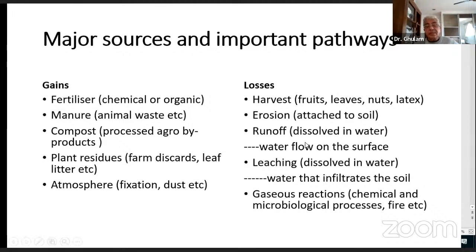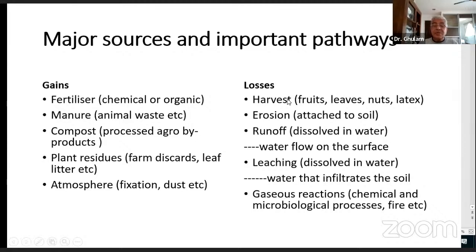And on the other side, as I said before, when you engage in crop production, whether it's on a big scale or a small scale, normally your intention is to harvest the fruits or the leaves or the nuts or whatever.